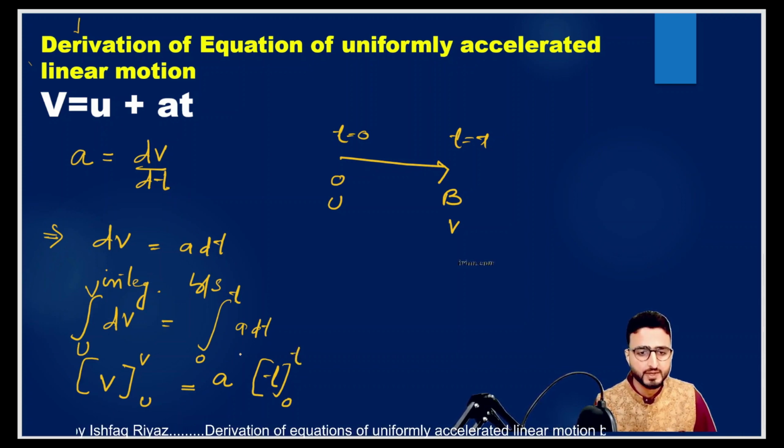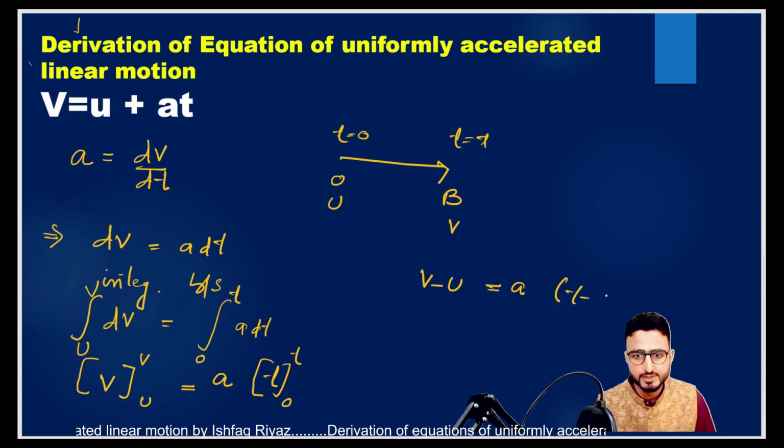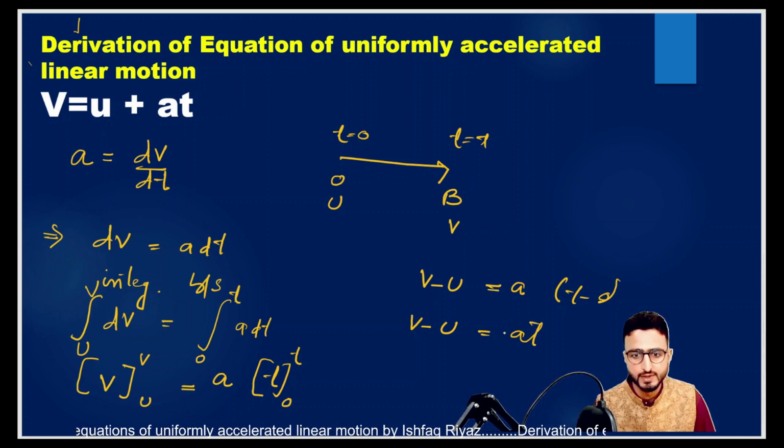So by doing this definite integral, we can write v minus u is equal to a, upper limit minus lower limit, so this is a into t minus 0. Right? Okay, so I can write v minus u is equal to at. Right? So or I can write v is equal to u plus at.